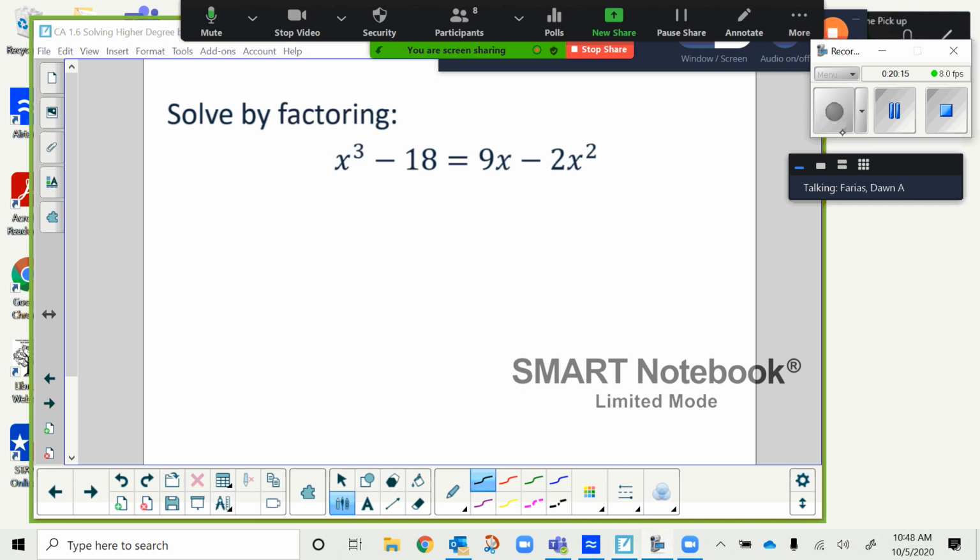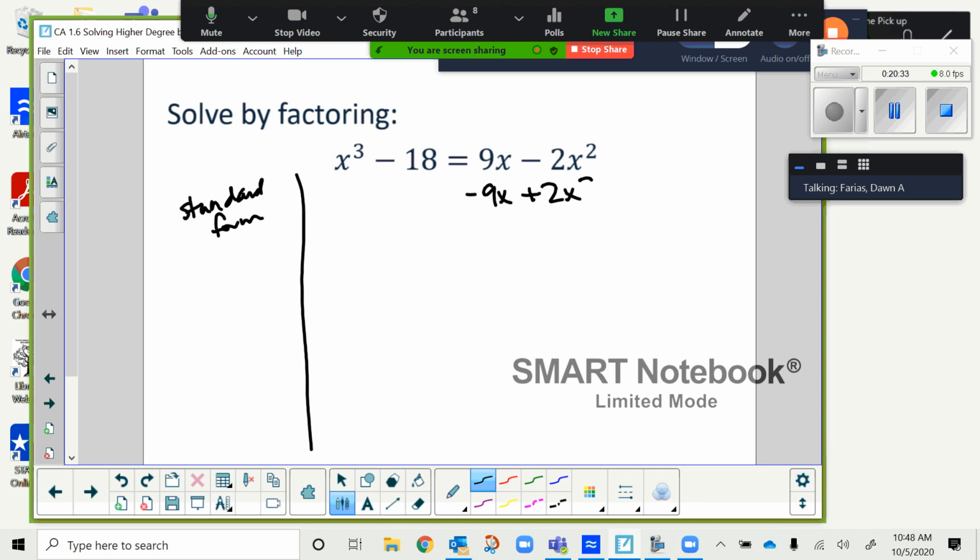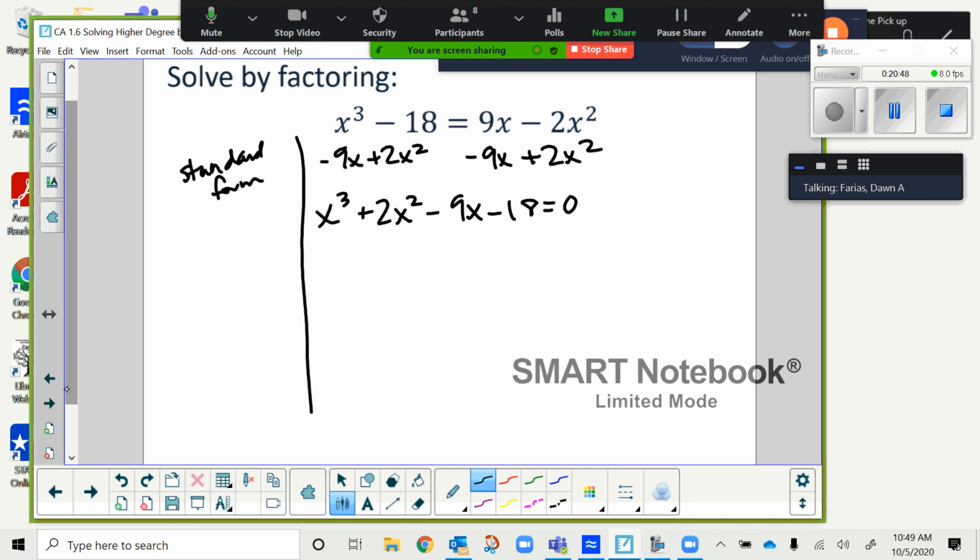Okay, so I'm going to go through this pretty quickly because probably you're done and probably you're good. So here is the work. Standard form first, by moving the 9x and the 2x squared to the left. And then here you would need to look if anything combines, because that would change your next step probably. And nothing does.